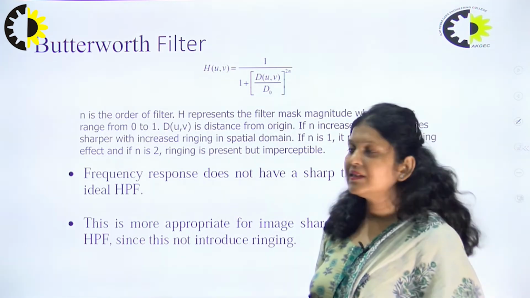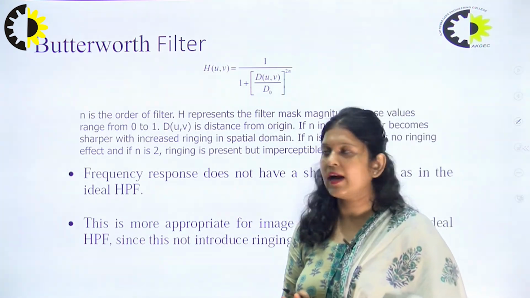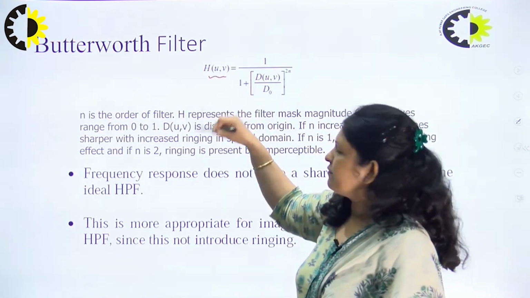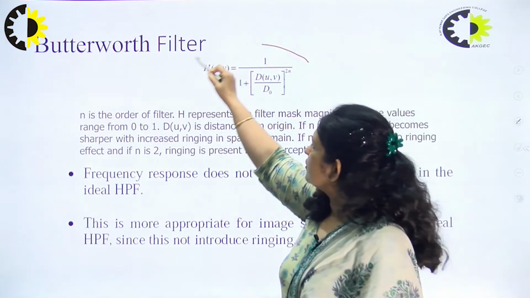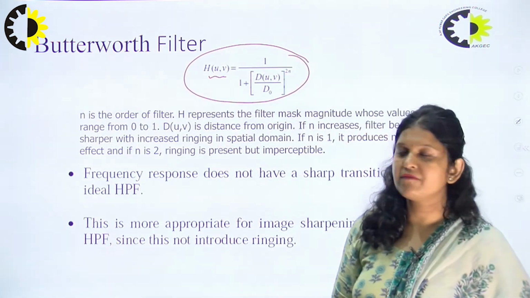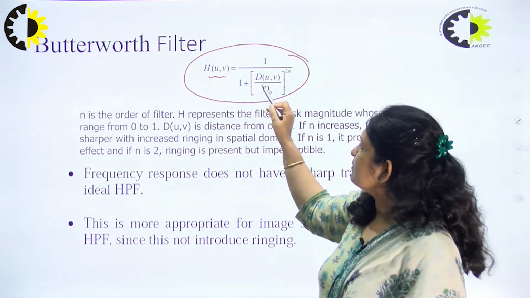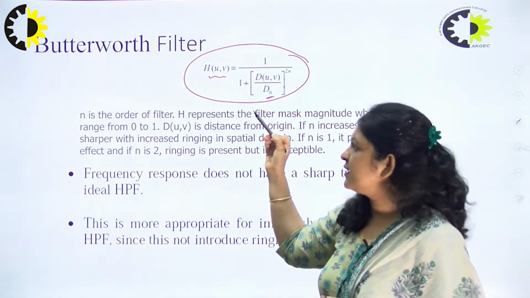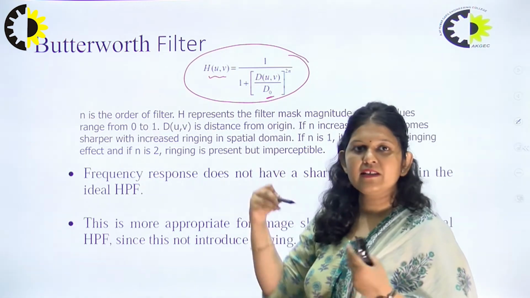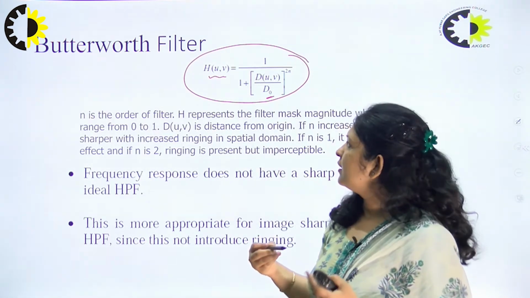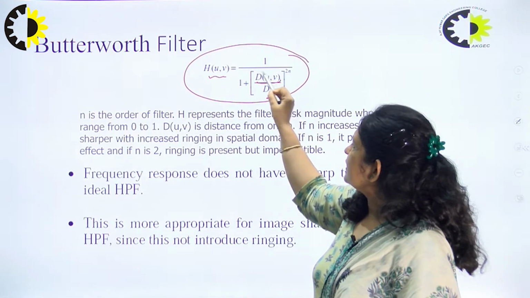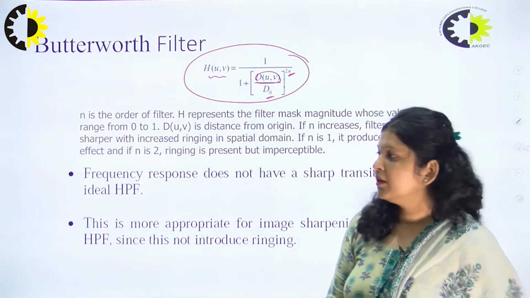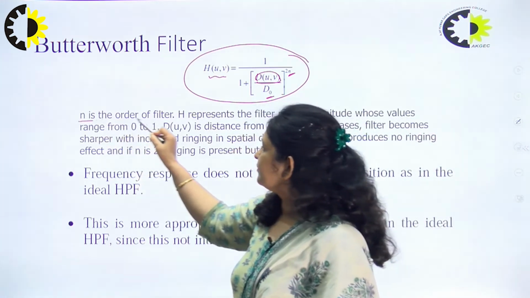Now let's see the difference between using the ideal and a Butterworth filter. The value of H of u comma v is equal to 1 upon 1 plus D of u comma v upon D naught, to the power 2n, where D naught, as we know, is the cutoff frequency, D of u comma v is the component under consideration, to decide whether it is to be cut or not, and n is the order of the filter.